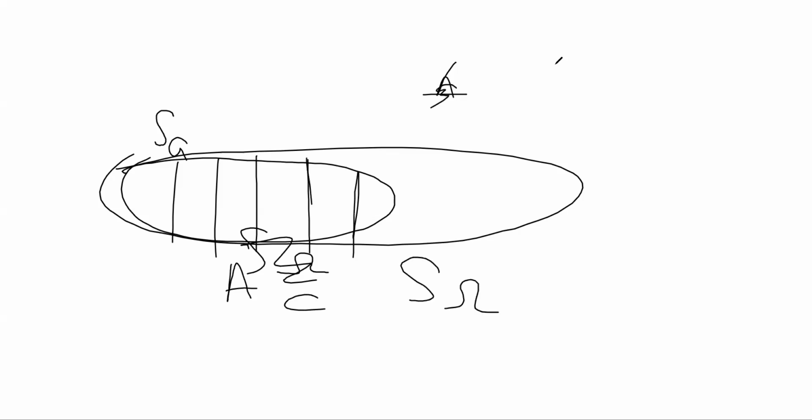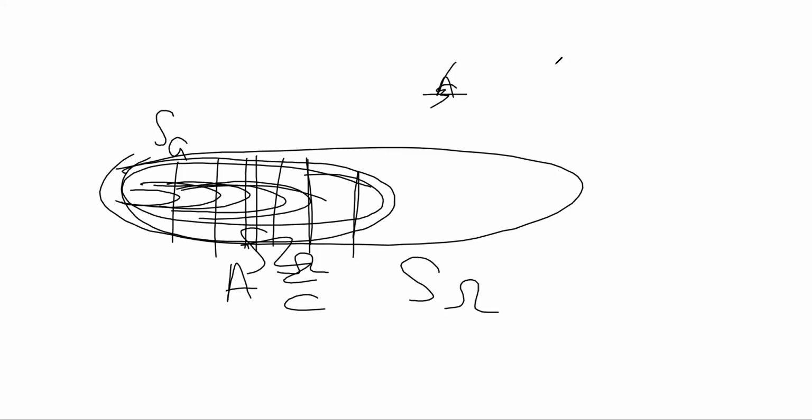And we took all its sections, like S_a and so on, and then we took a union of all its sections, right? So those are all of its sections, and we took a union of them.